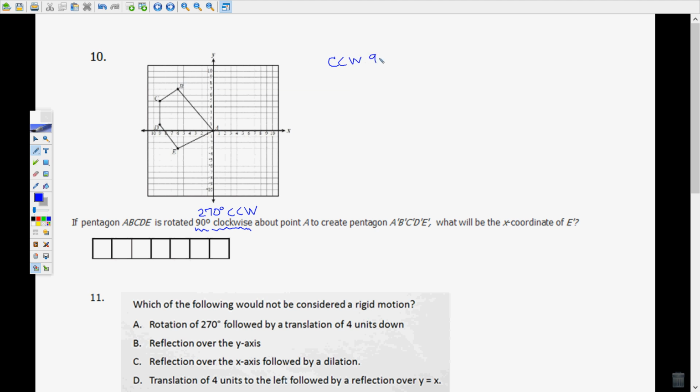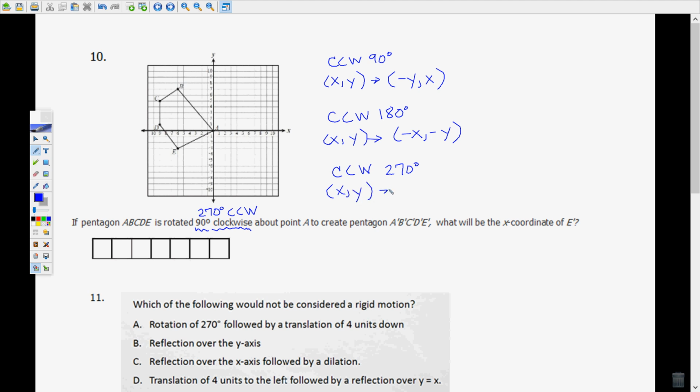Counterclockwise 90 degrees: (x, y) becomes (-y, x). Counterclockwise 180 degrees: (x, y) becomes (-x, -y). Counterclockwise 270 degrees: (x, y) becomes (y, -x). And that's the one that we're going to use, 270 degrees counterclockwise.